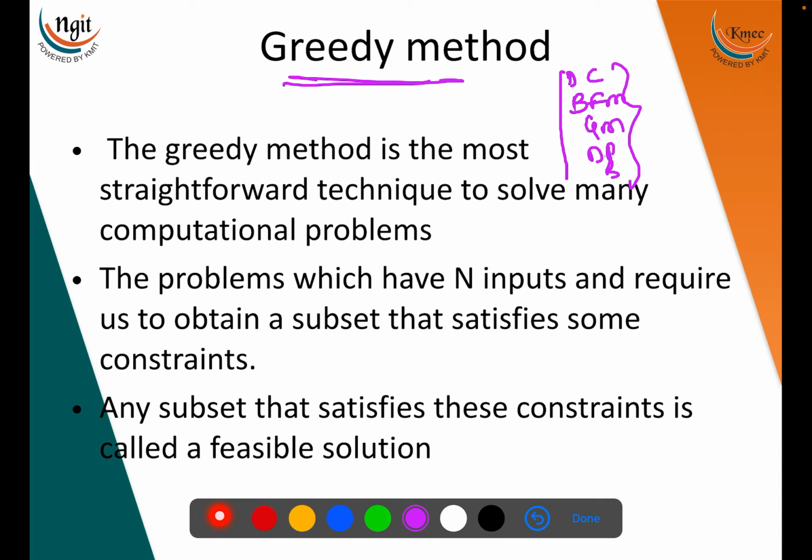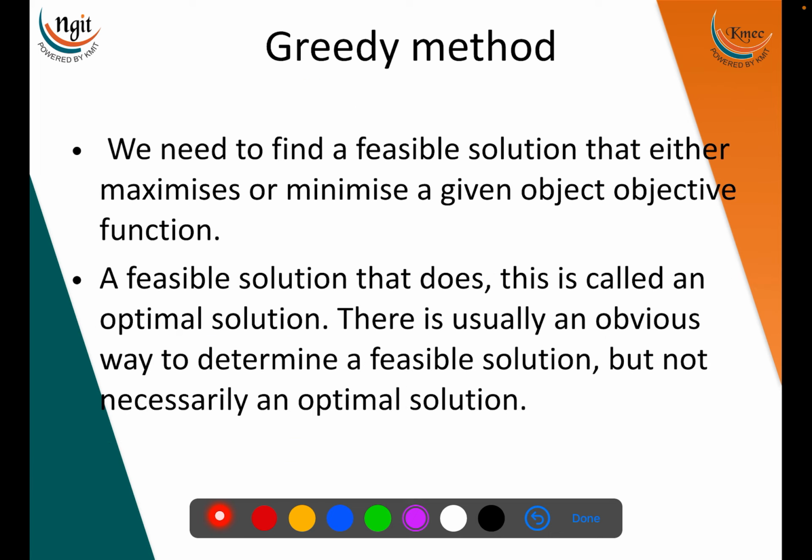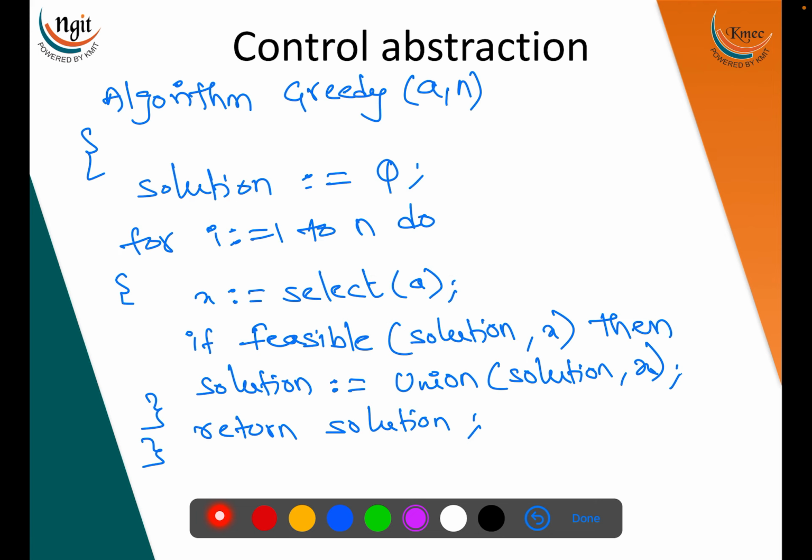Now, if I want to apply the greedy method on a problem which has n inputs and requires us to obtain a subset that satisfies some constraints, any subset that satisfies the constraints is called a feasible solution. And the feasible solution that either maximizes or minimizes a given objective function is called the optimal solution.